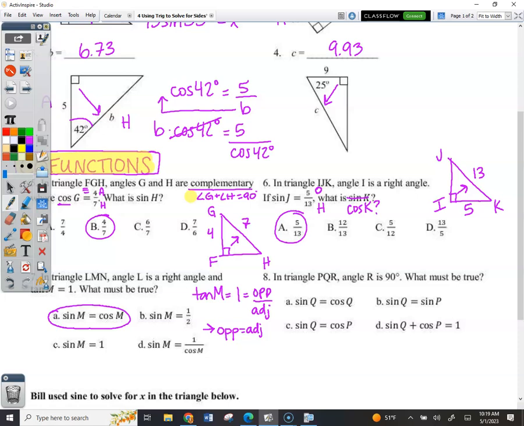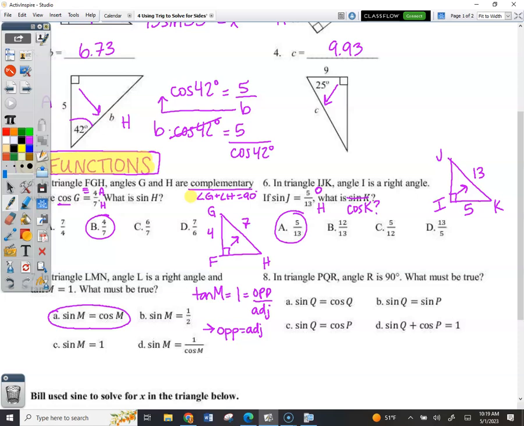All right, look at this one. In triangle PQR, they tell us R is the 90. What must be true? This right here is exactly what we just covered. Of the 4 choices, find the choice that says the sine of one angle equals the cosine of the other angle.